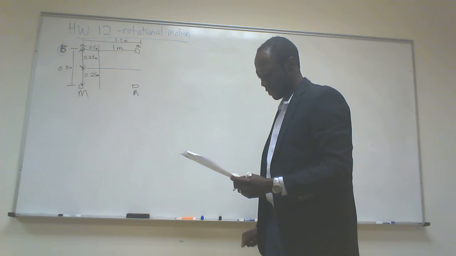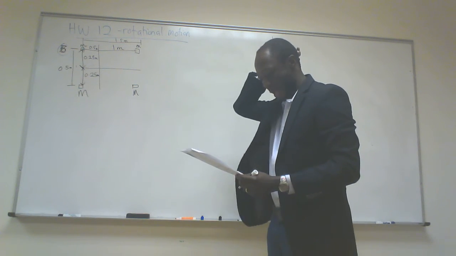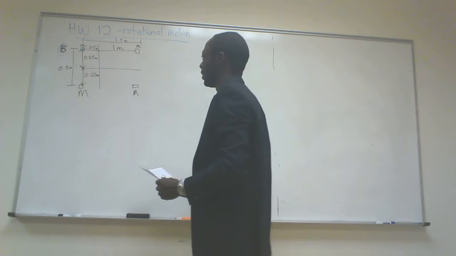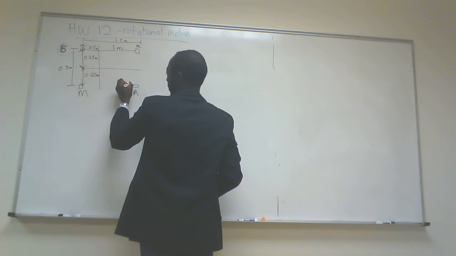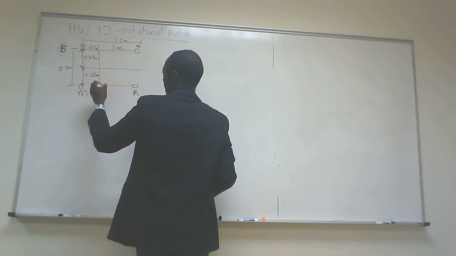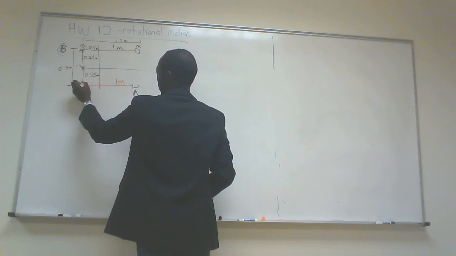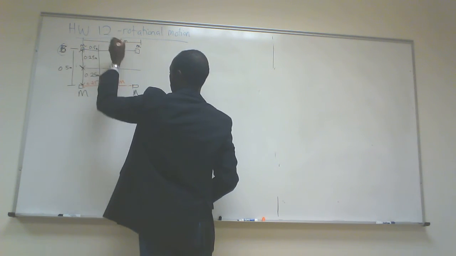All right, so in the first part, we find the moment of inertia of all these particles about the vertical axis of rotation. So we have to consider the distances between all the objects and the vertical axis of rotation. So this is 1 meter, this is 0.25, 0.5, and 1.